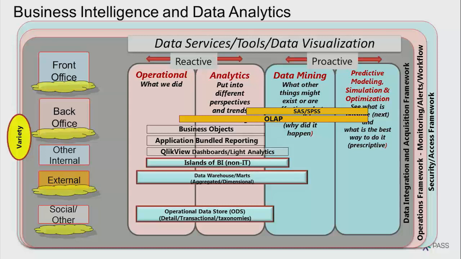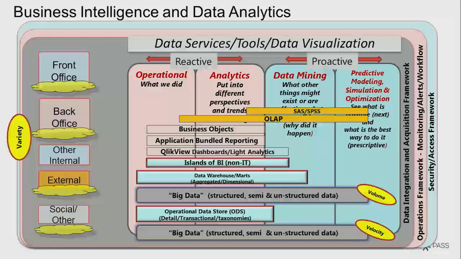But where does big data come into this? Is it separate? No, it's just data, all right? So don't separate it. It really interlaces into your current framework. Nothing different, it's extending it, making it more, all right? And that's where you're now addressing the other V's, the volume and the velocity.